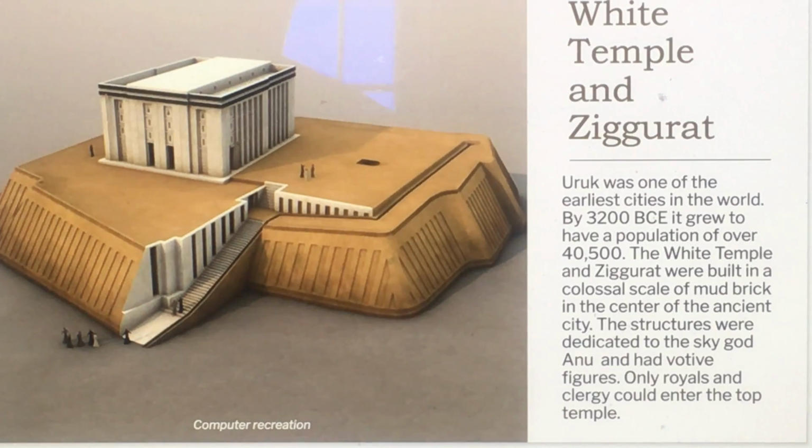By 3200 BCE, it grew to have a population of over 40,500 people. The White Temple and the Ziggurat were built in a colossal scale of mud brick in the center of the ancient city. These structures were dedicated to the sky god Anu and had votive figures. Only royals and clergy could enter the top temple.